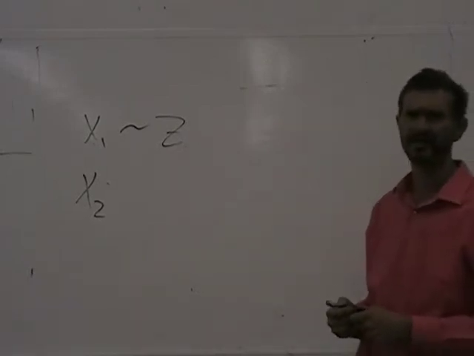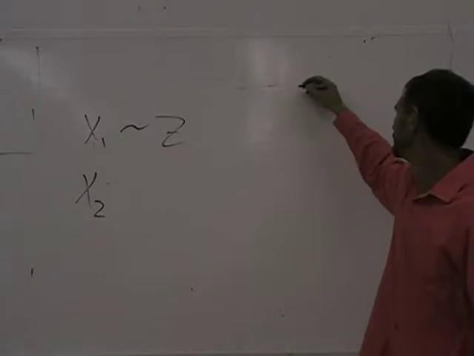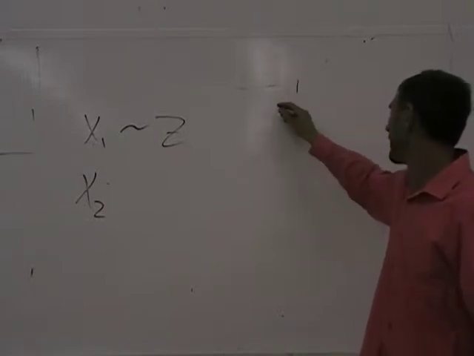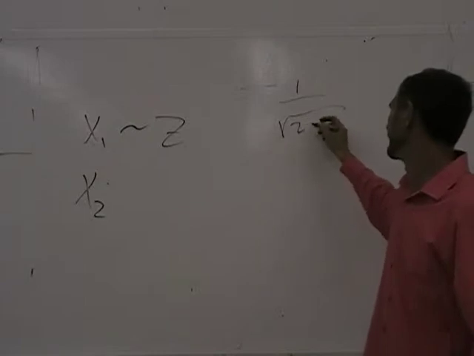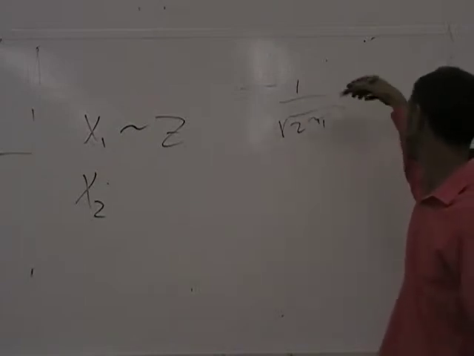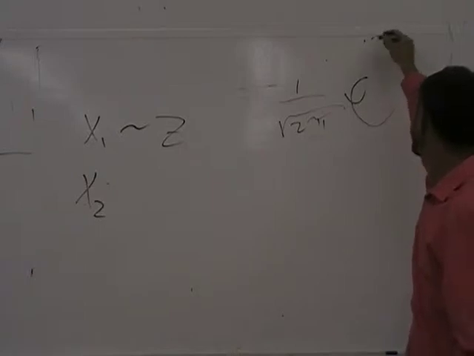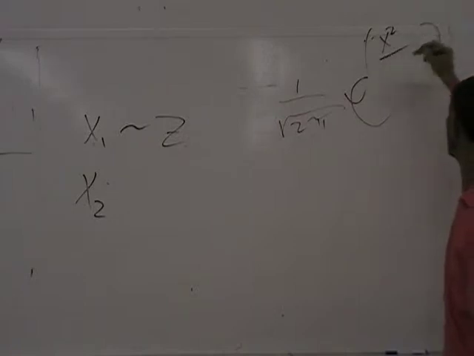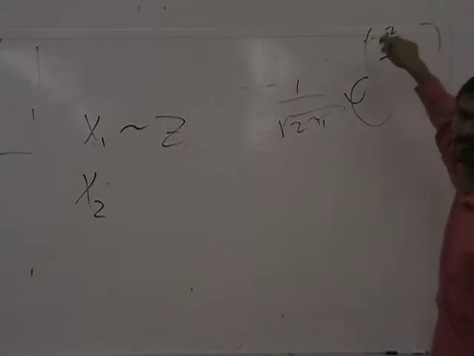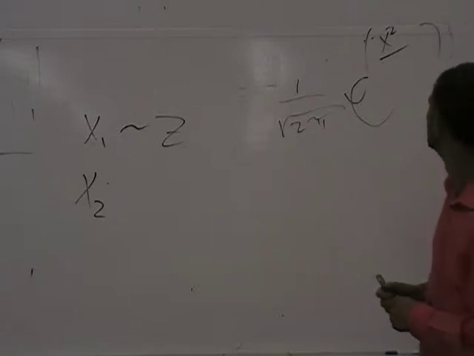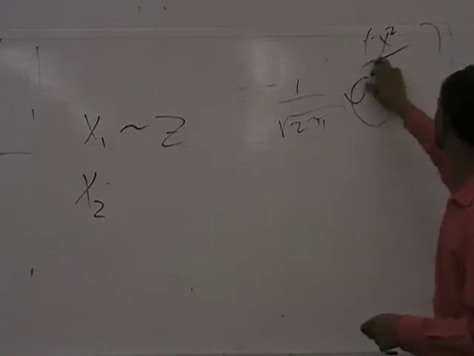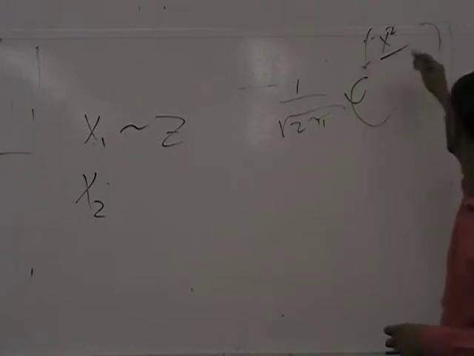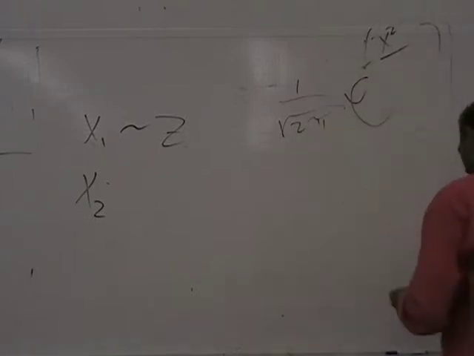I don't think I can even write the function anymore. 1 over root 2 pi something e, let's see, we're going to have an x squared and some pi, something stuff, and a negative sign. Outside of that, because you don't care about which direction, it's symmetric on 0.